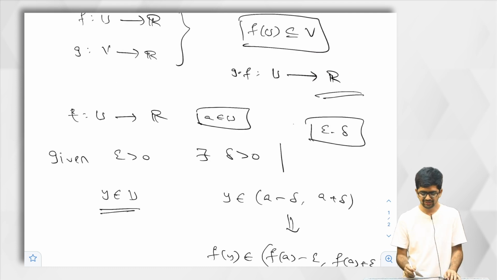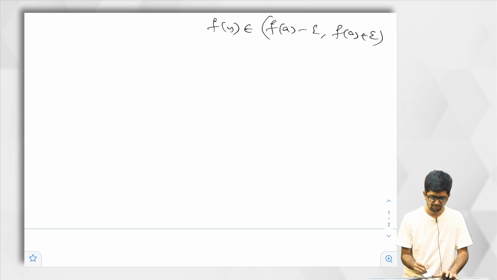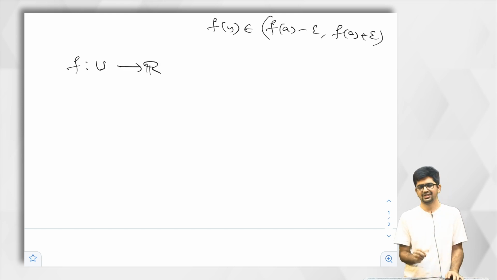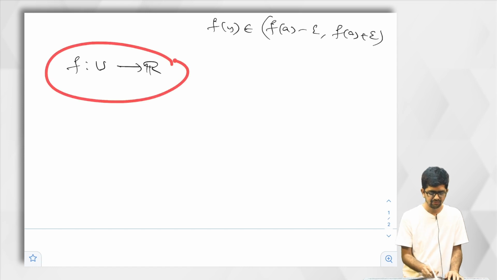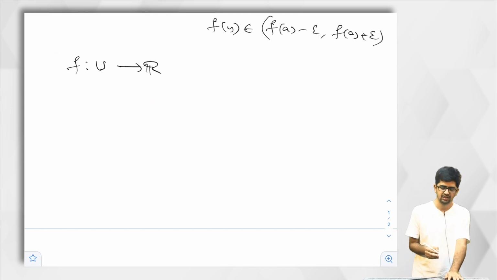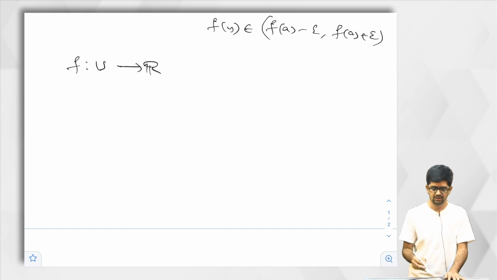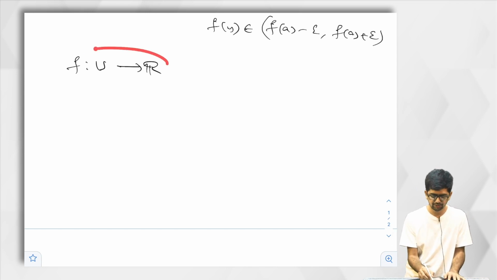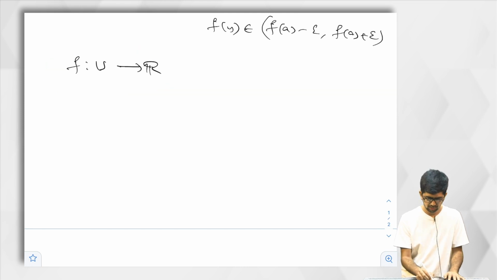Let us first see whether this description is equivalent to the sequence version. Let us take a function f from U to R, and assume that f is continuous using the epsilon delta description. Then let us prove that it is continuous with respect to the sequence version.